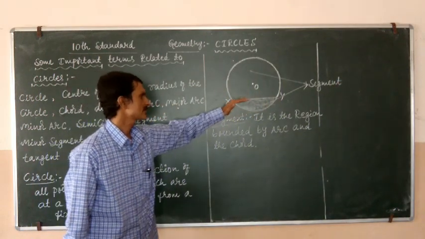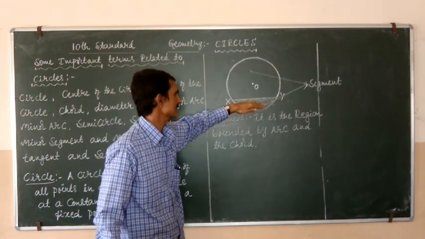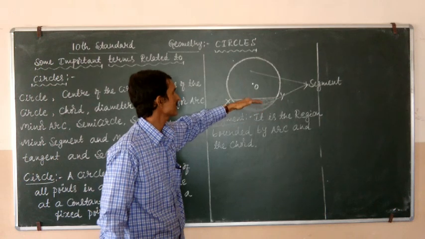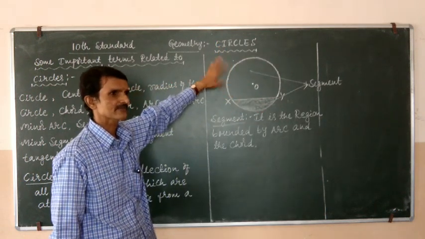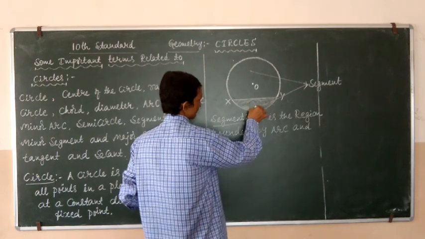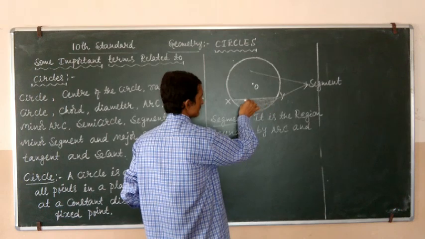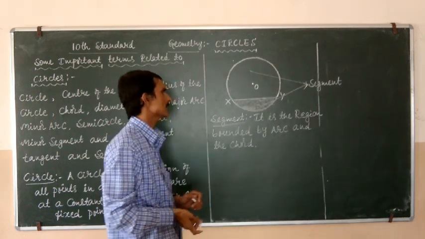Students, if you observe, is there any difference between the segment below and the segment above? Yes, there is a lot of difference. This area is very small, whereas here a larger area is bounded.